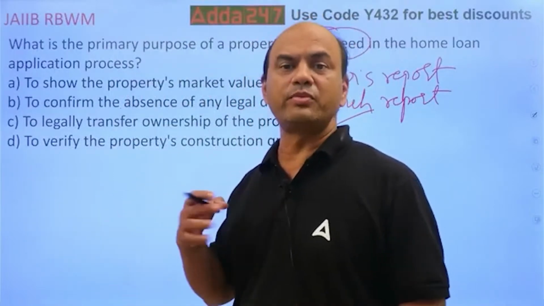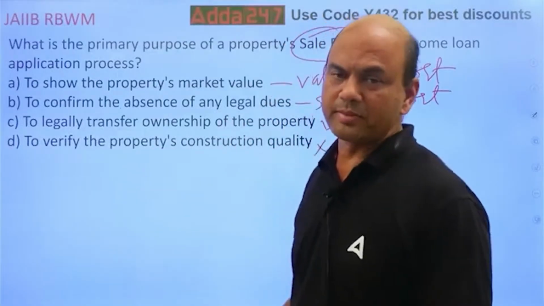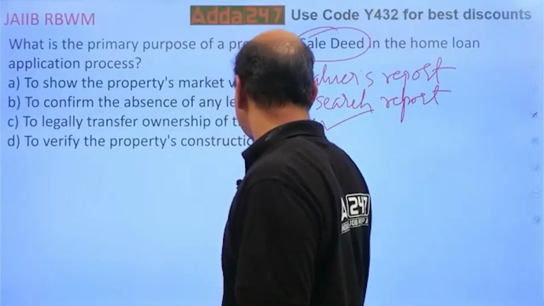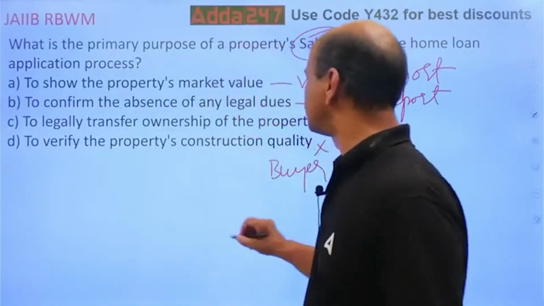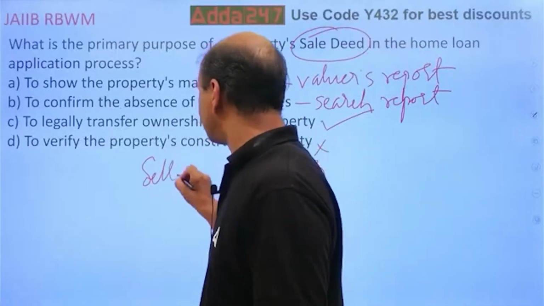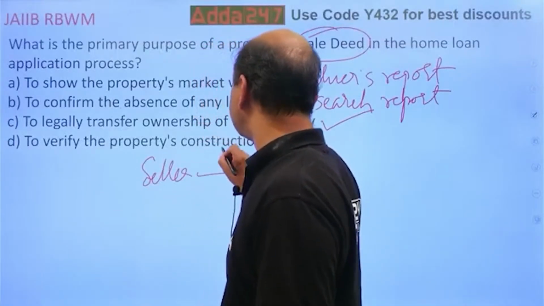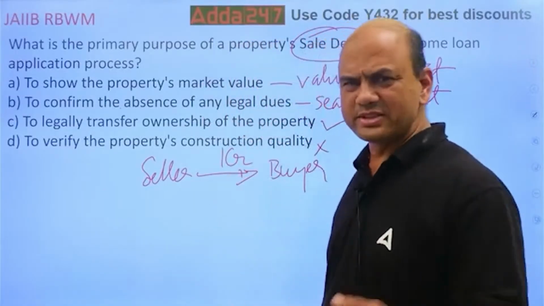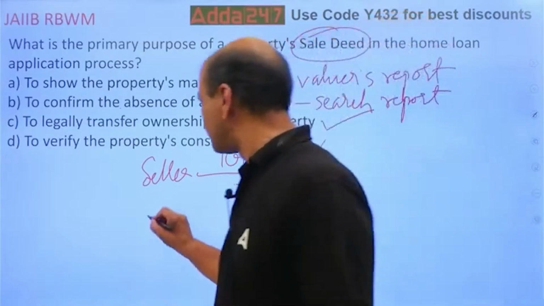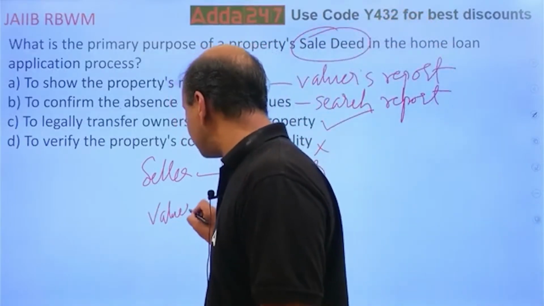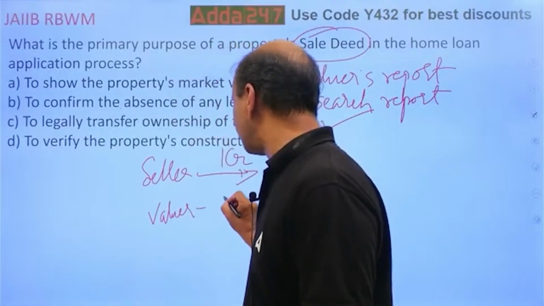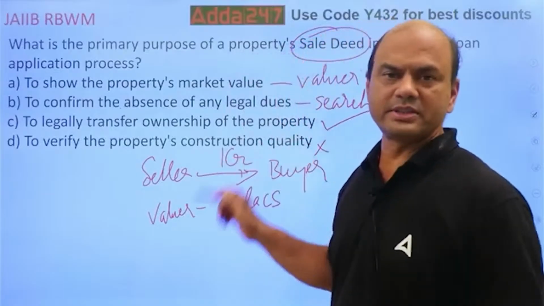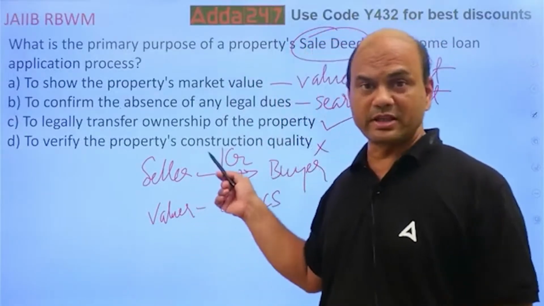If I have done an agreement for let's say 1 crore rupees between the buyer and the seller, and the valuer tells the flat's cost is let's say 40, 50, 60 lakhs, will you finance me on 1 crore or 60 lakhs?